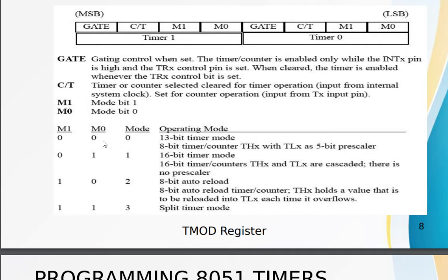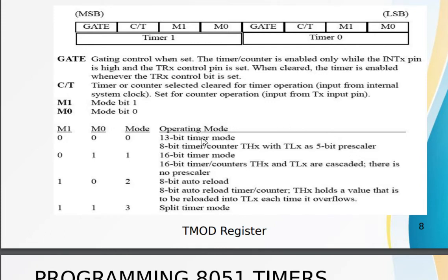Mode 0 is the 13-bit timer mode, an 8-bit timer counter with TH0 or TH1 and TLX, where X may be 0 or 1, as a 5-bit prescaler value.